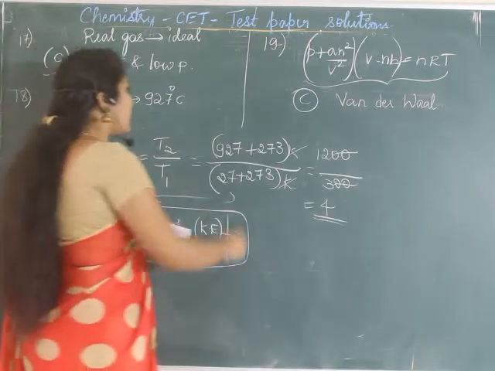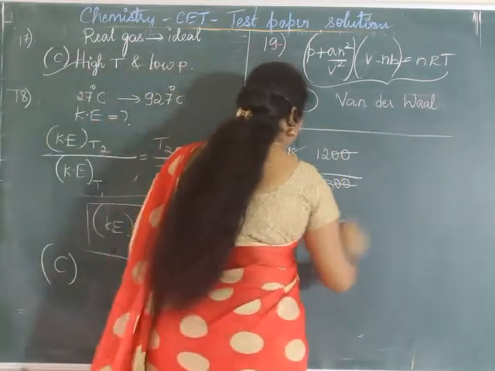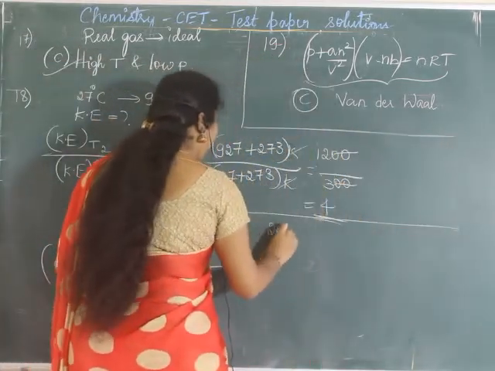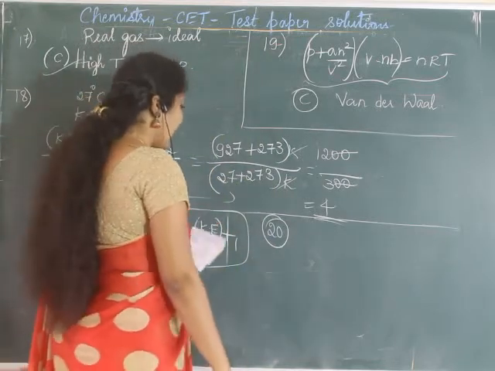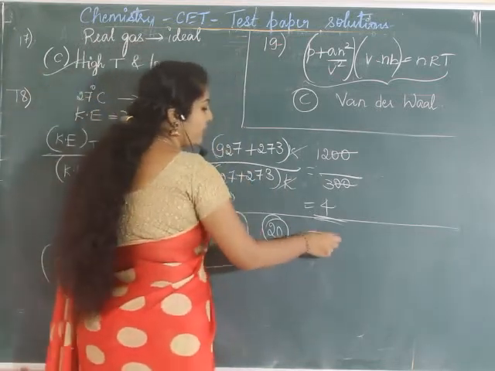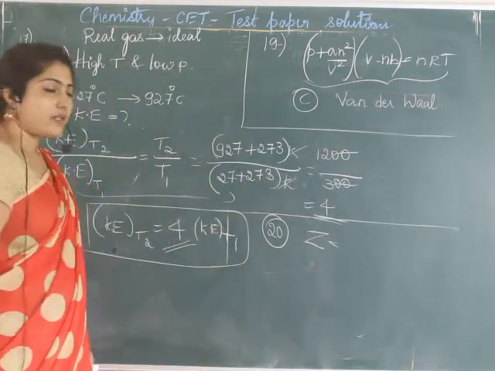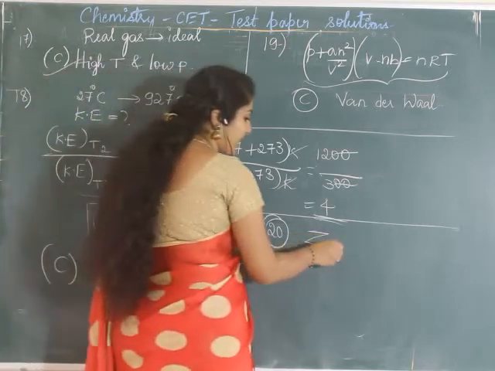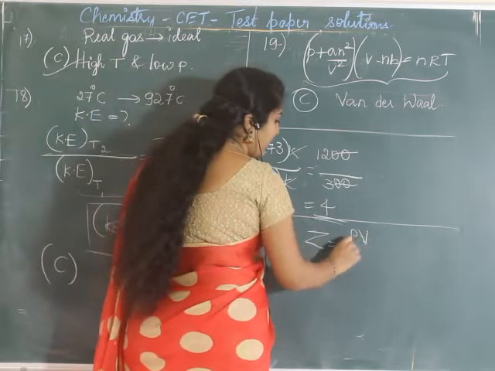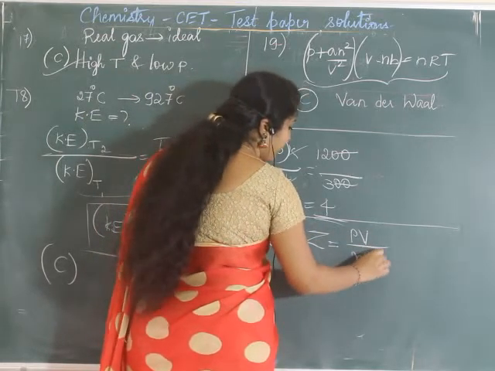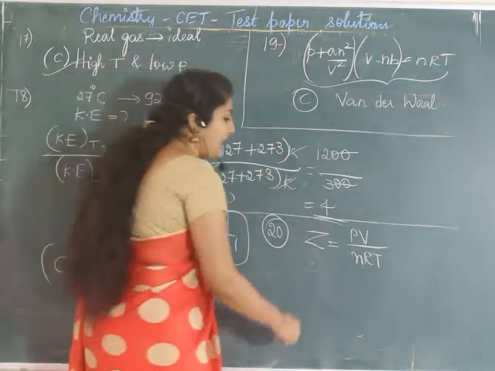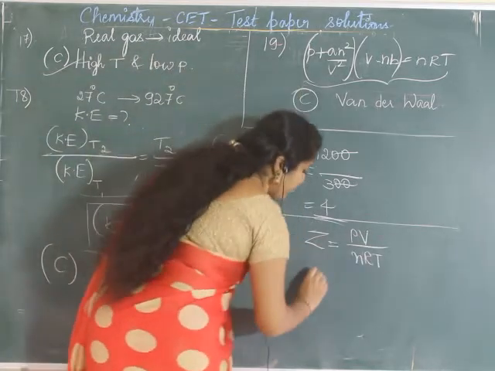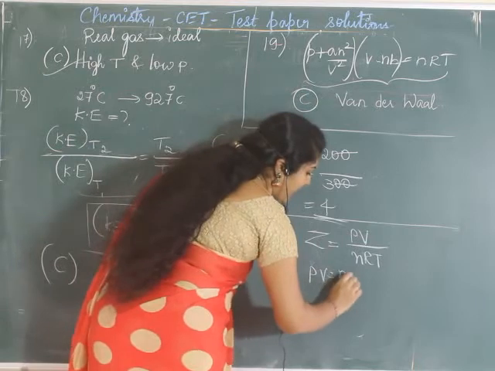20th question is the compressibility factor for an ideal gas. Compressibility factor, I have told you, is given as Z. Compressibility factor is nothing but the ratio of PV by nRT. Since it is for an ideal gas, PV is equal to nRT.